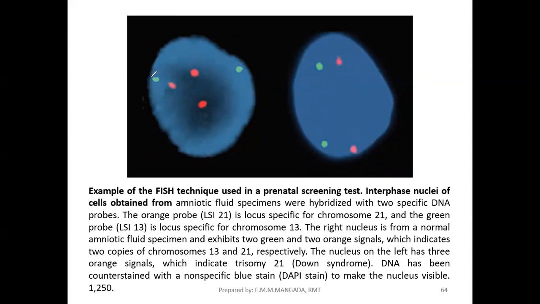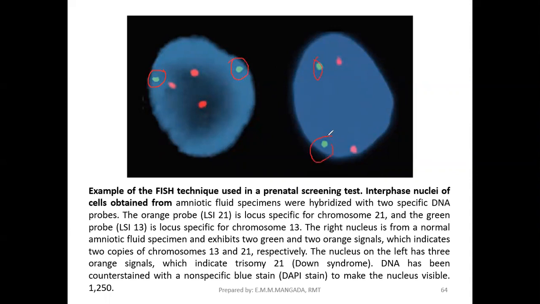Bakit naging green? Kasi yung complementary probe na ginamit ay merong reporter molecule na fluorescent, yung tinatawag mong fluorochrome na fluorescein isothiocyanate. Kaya apple green yung kulay niya. So this is your chromosome 13 detected.